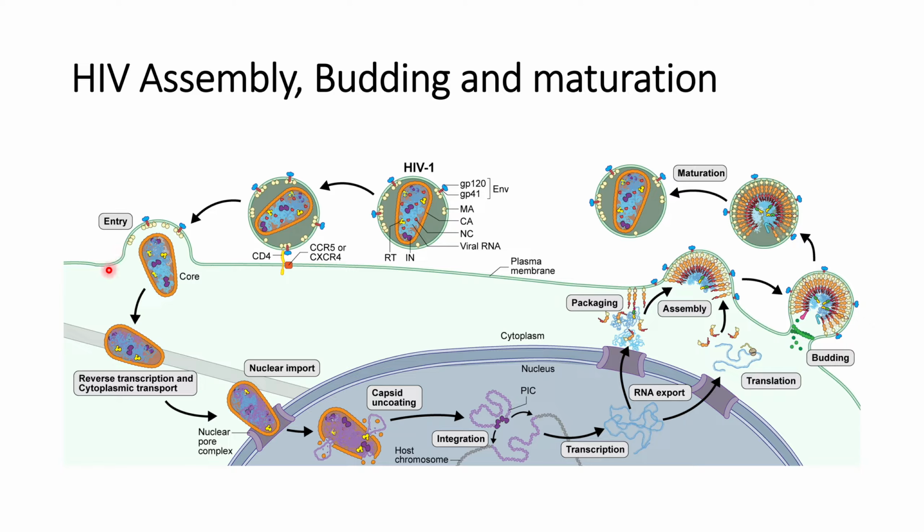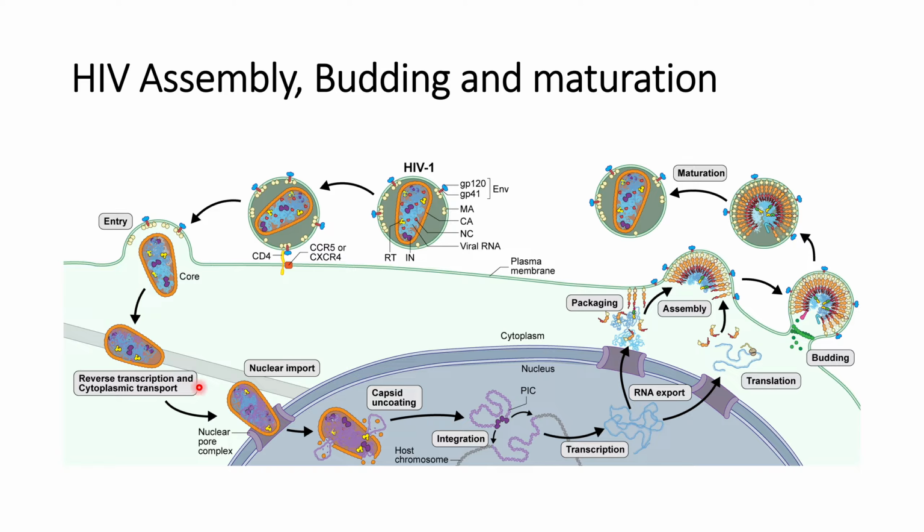After that, the envelope interacts with the cell membrane of the host, and that helps the inner part of the virus, the nucleocapsid or the core, to come into the cytosol of the host cells.